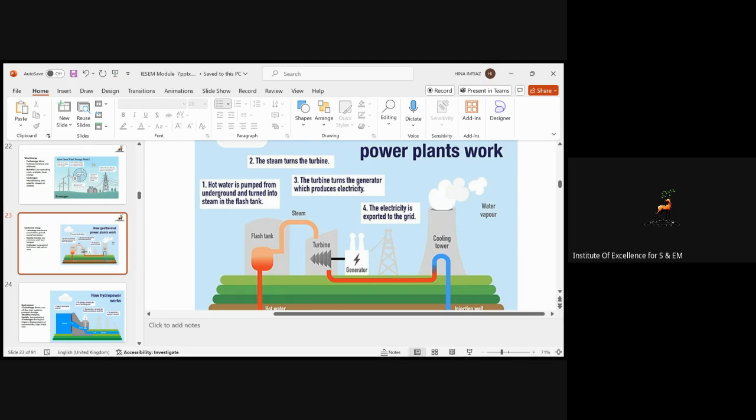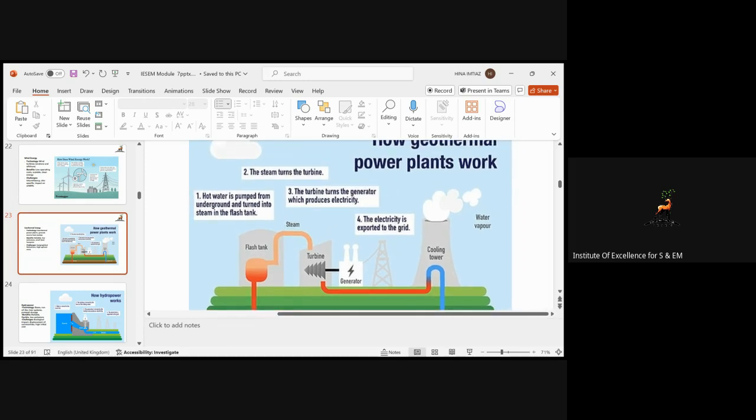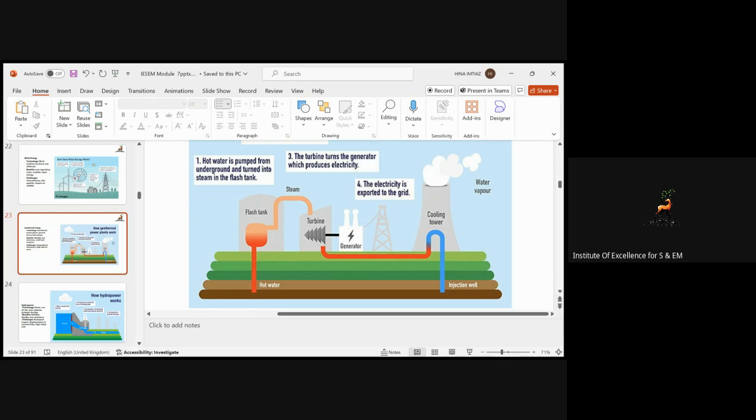After that, the turbines turn the generator, which provides electricity. The electricity is then exported to the grid. And there is a system for cooling the water through injection wells, where we can maintain the temperature underground.